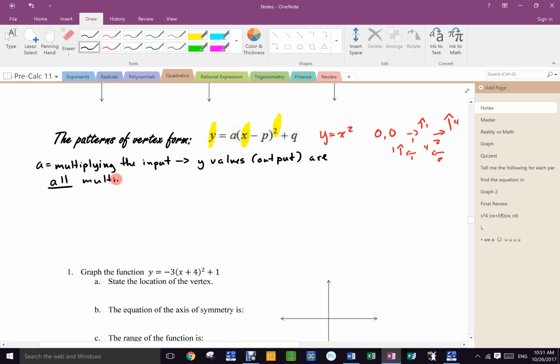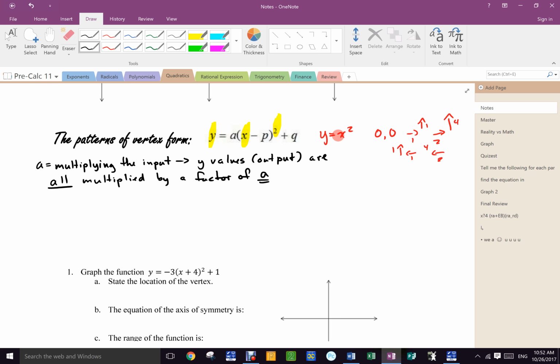A. Whatever A is. If it's 2, I'm going to go over 1 and up 2 instead of over 1 and up 1. What if it's 7? I'm over 1 and up 7. If I go over 2, I normally go up 4, but if I've got a 7 in front, I'm going to go over 2 and up 28.